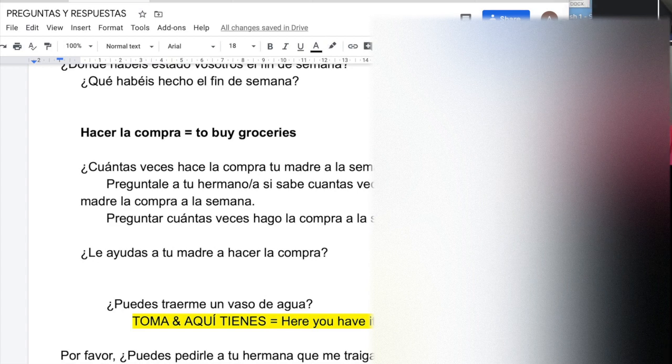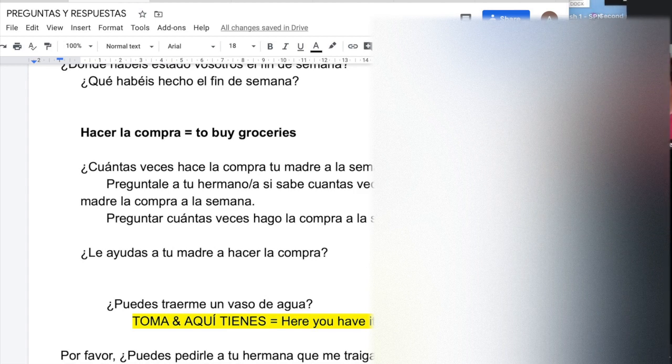¿Tú sabes, Hannah? Repetir, por favor. ¿Tú sabes cuántas veces madre hace la compra en la semana? Mi madre hace la compra más o menos una vez en la semana.